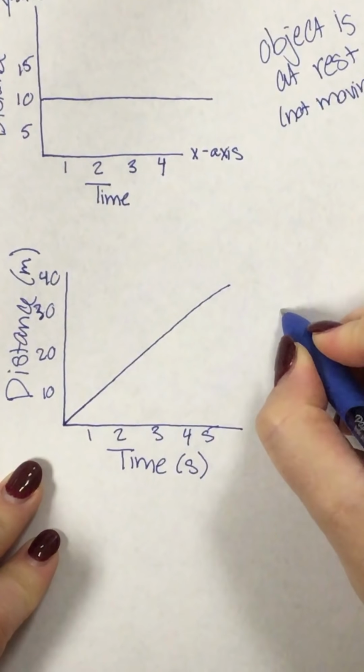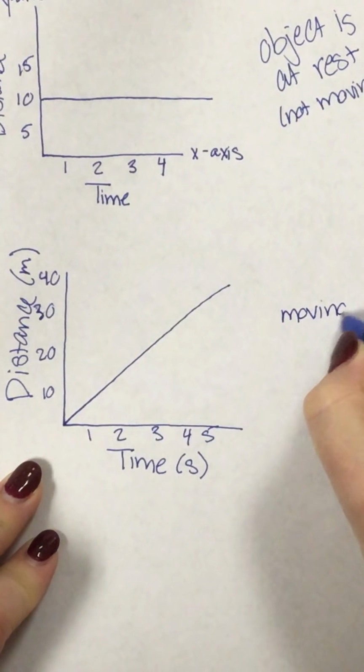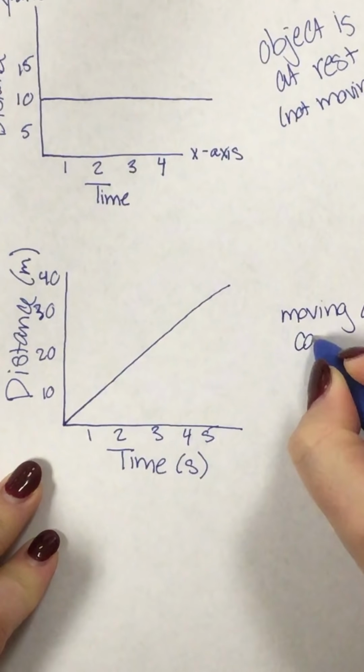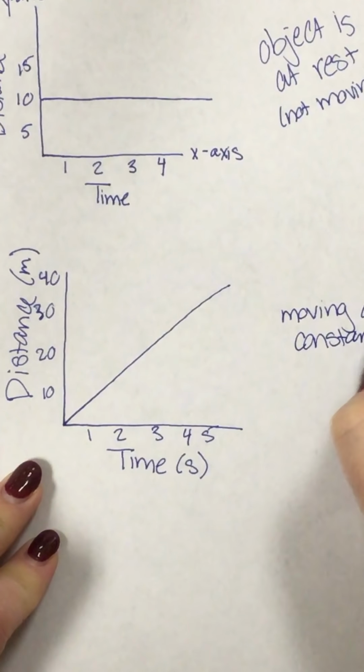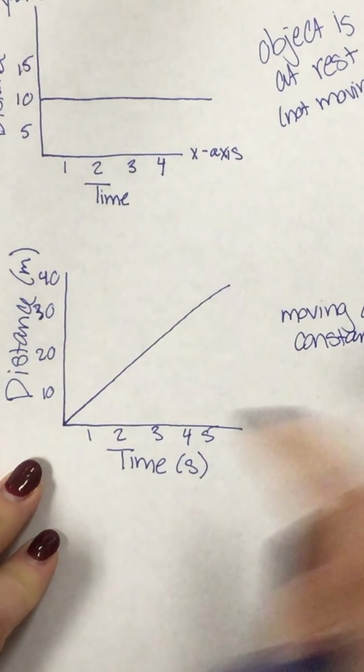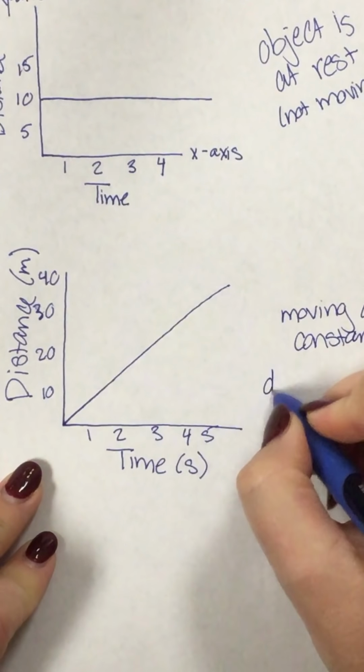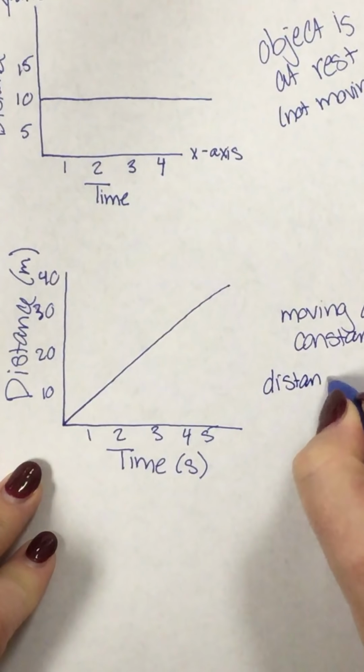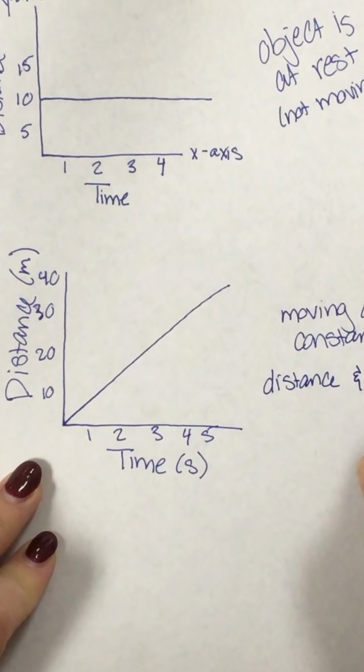So this object is moving at a constant speed. We know that because our distance and our time are increasing together.